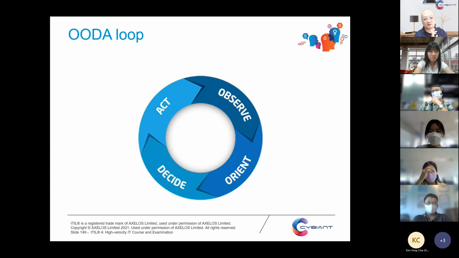So observe what we are experiencing now, orientate yourself to say how can we do better, then decide what approach you want to take, and act on it. So it's similar to the plan, do, check, act. It's just a different way of executing the process improvement.